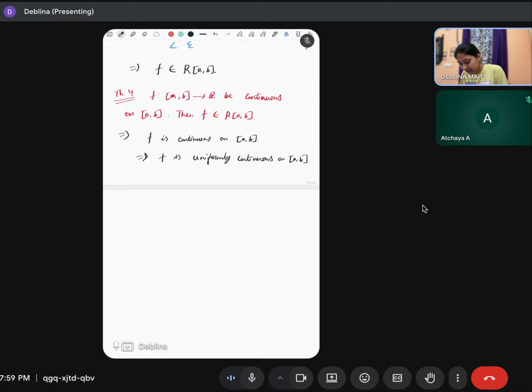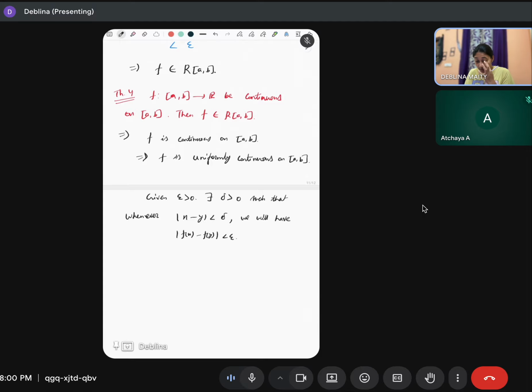So given epsilon greater than 0, there exists delta greater than 0 such that for any two points, whenever |x minus y| is less than delta, we will have |f(x) minus f(y)| less than epsilon, right?